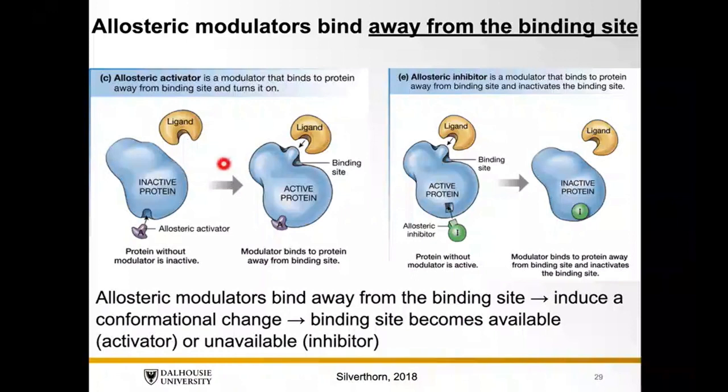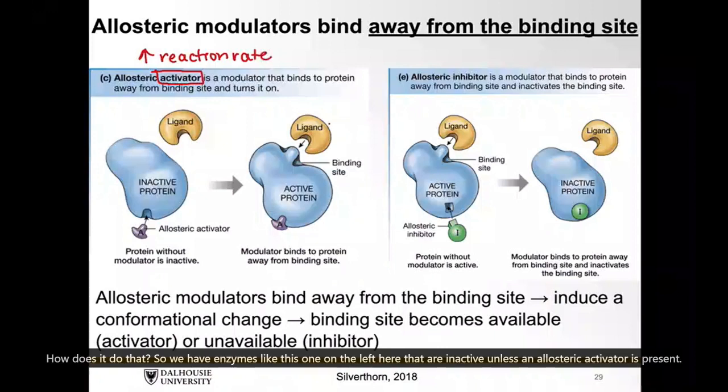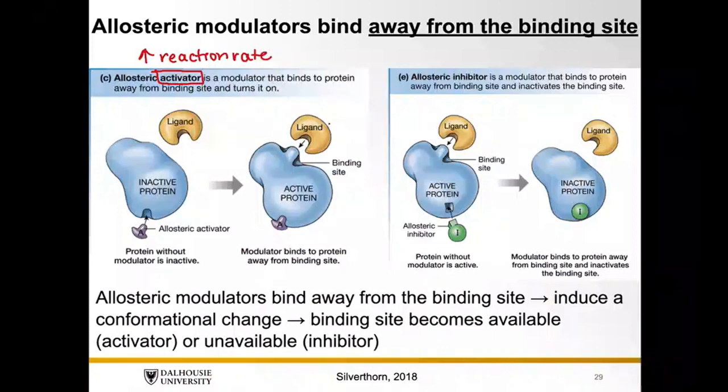So let's first focus on the left-hand side here. So here we have an allosteric activator. So the allosteric activator is going to increase the activity of the enzyme, therefore increasing the reaction rate. How does it do that? So we have enzymes like this one on the left here that are inactive unless an allosteric activator is present.